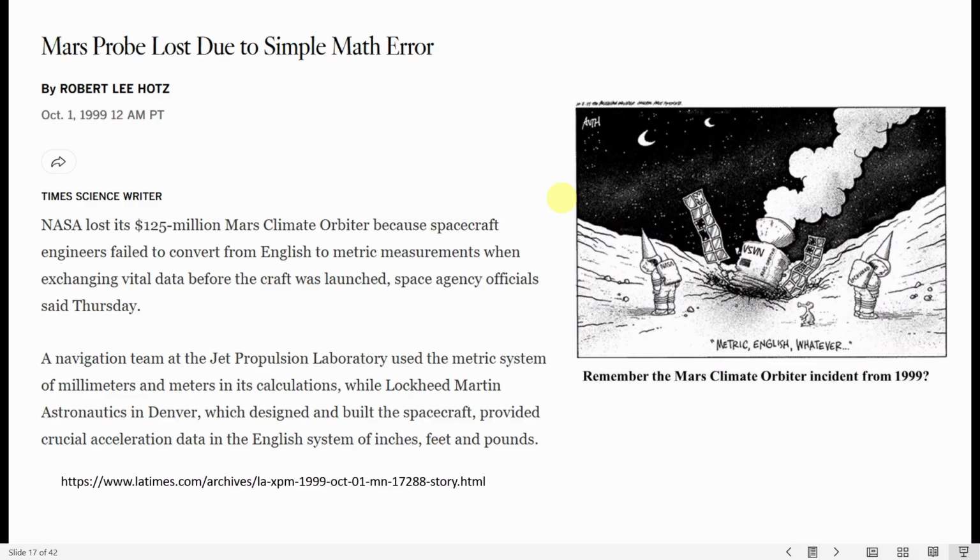Basically, two different teams were designing this probe together, and one team thought they were using SI units, and the other team thought they were using English units. So although they were talking about the same dimension, they used different unit systems, which caused a huge error, and that caused the accident to happen.